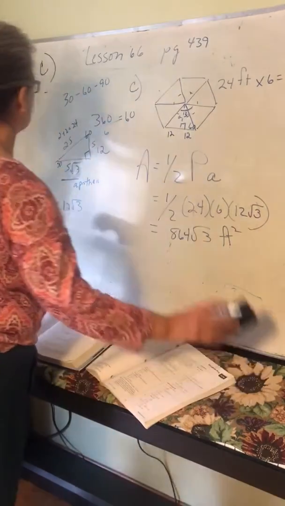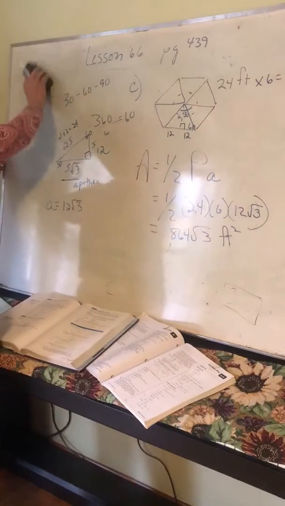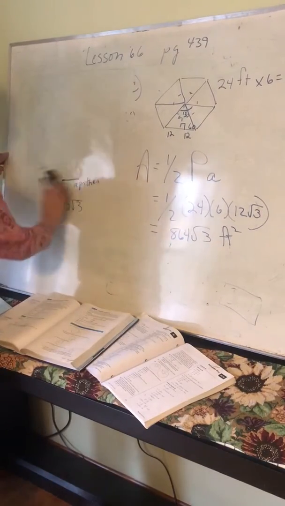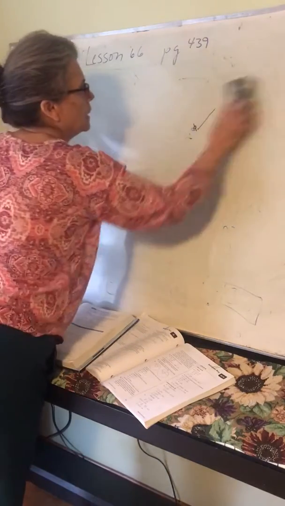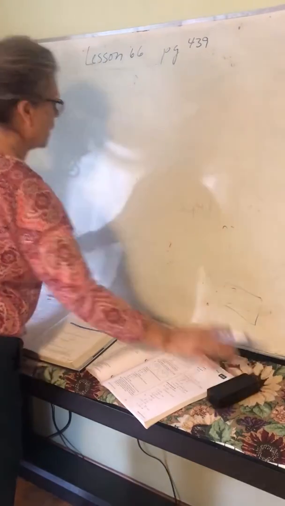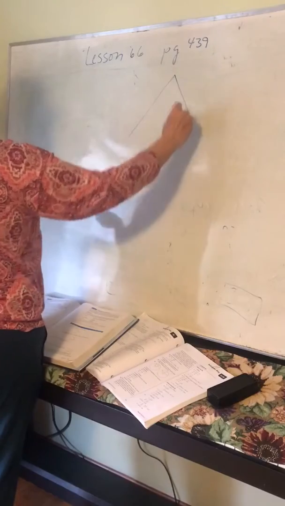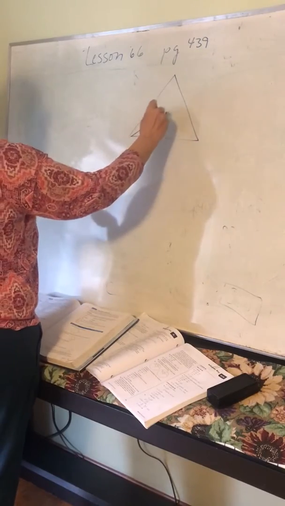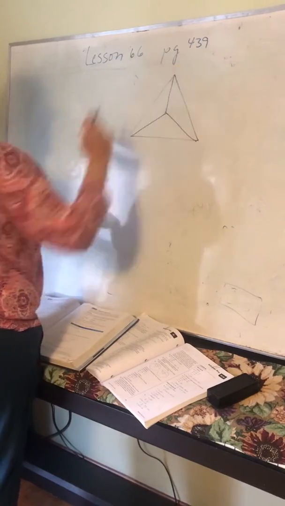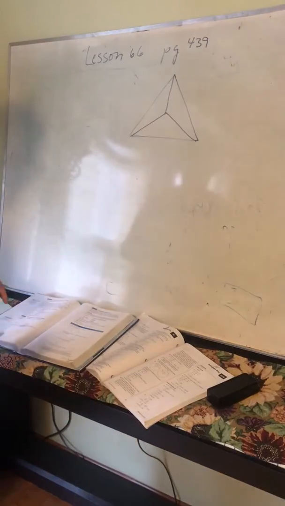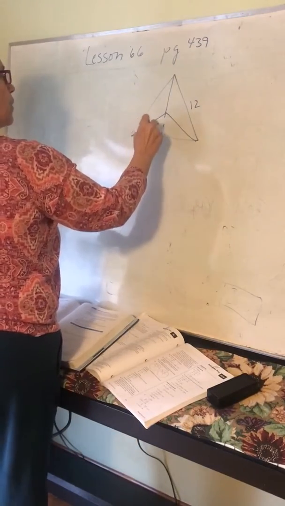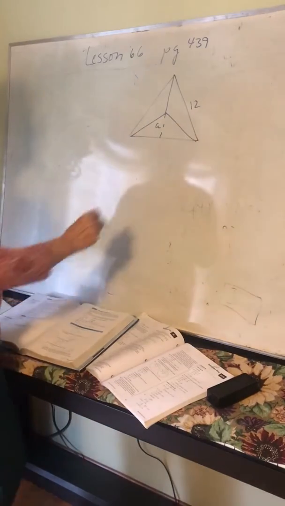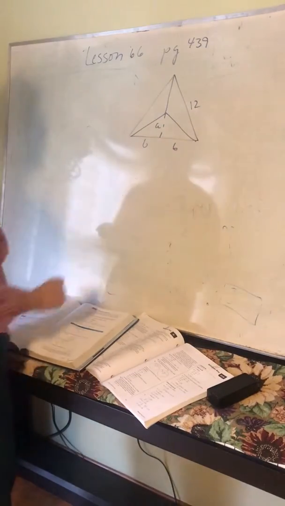Okay, and let's do D now. I'll do D with you. D is an equilateral triangle. And we divided it into triangles, and this is 12, and then we have our A that we're looking for, and so this is 6 and 6.